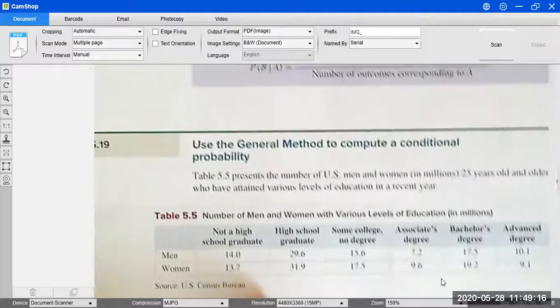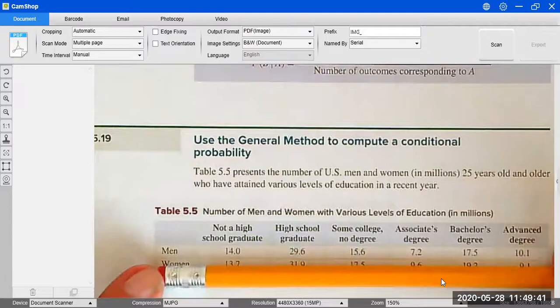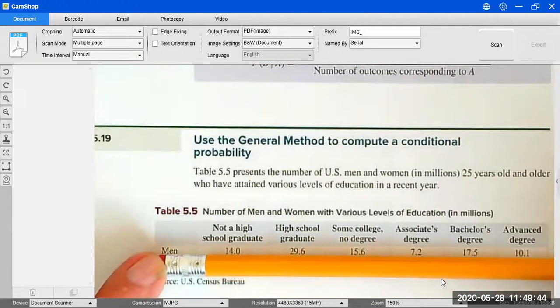The original sample space is the entire contingency table, but now you know you have only men. The first row stays and the second row is removed completely. That's your new sample space.